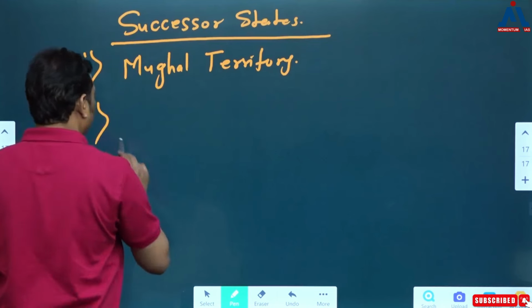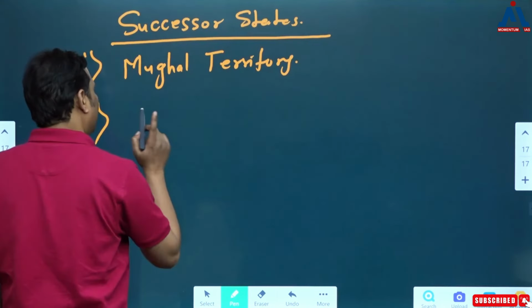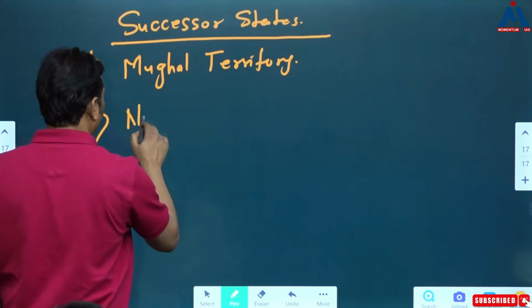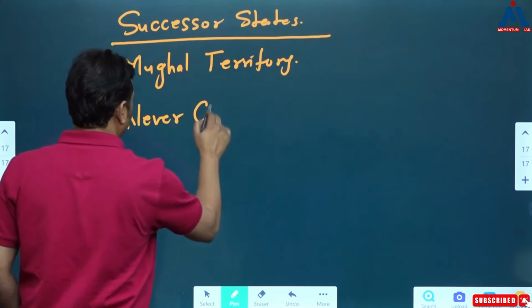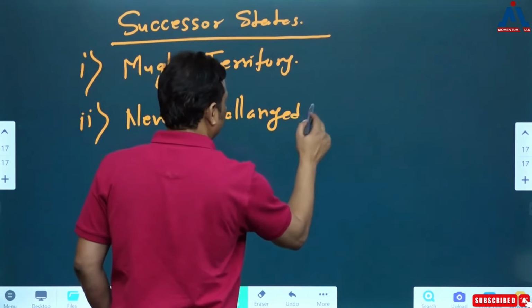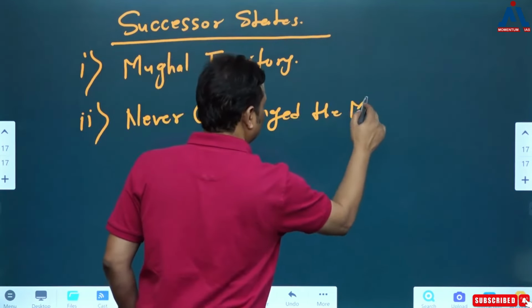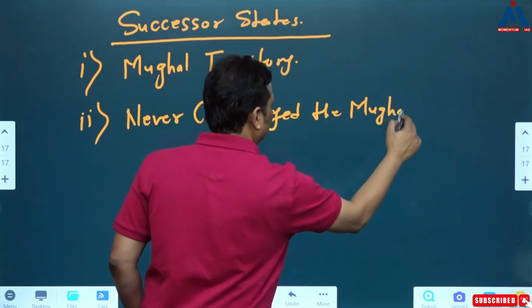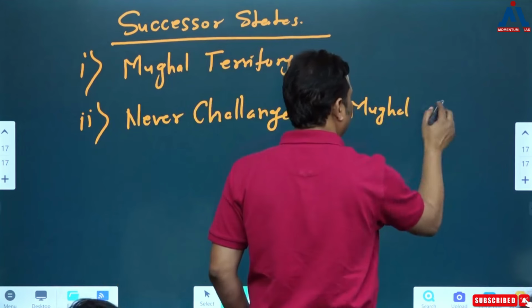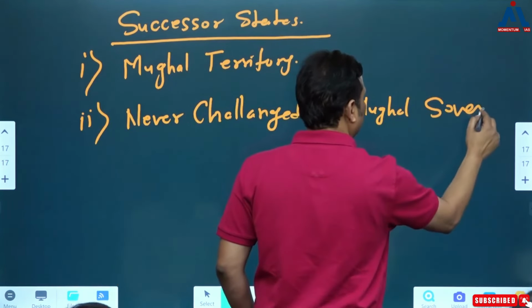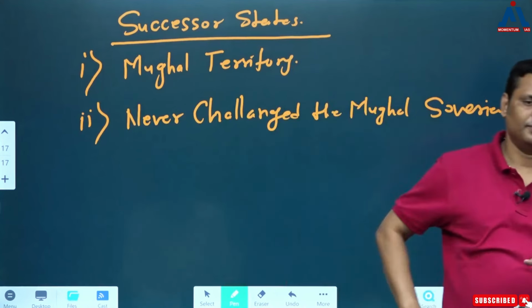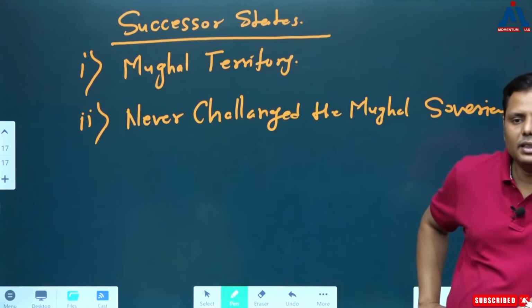Second reason, the most important reason, is that they never outrightly challenged the Mughals. They never challenged the Mughal sovereignty.